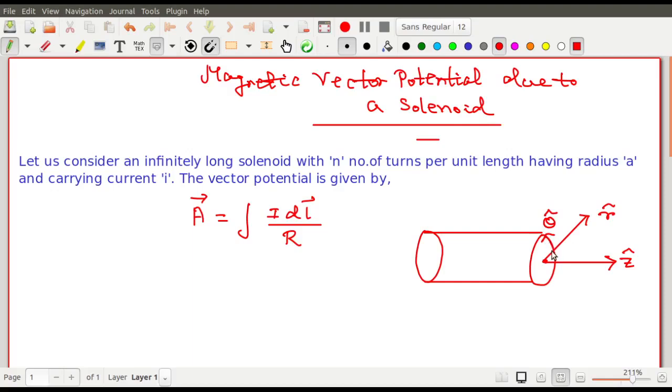And the direction of theta cap will change as you change the position over this circle. The position of theta cap will also change, and that is why we call it a curvilinear coordinate system, because the unit vectors vary over a curve, right? So at this particular point you have 3 vectors, r cap, z cap and theta cap, and they are all mutually perpendicular.